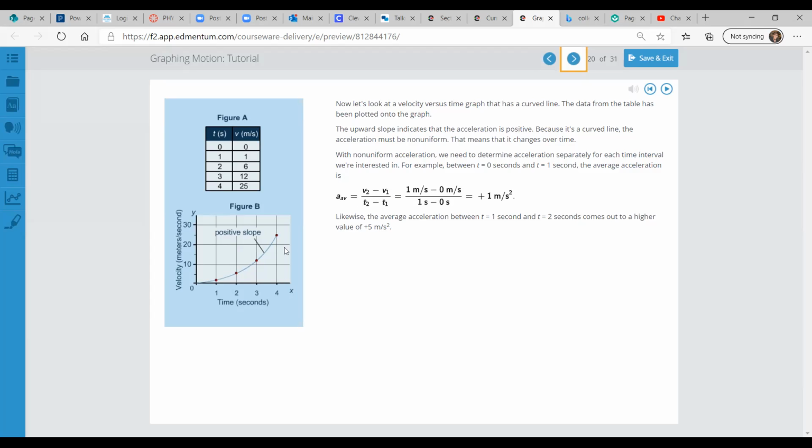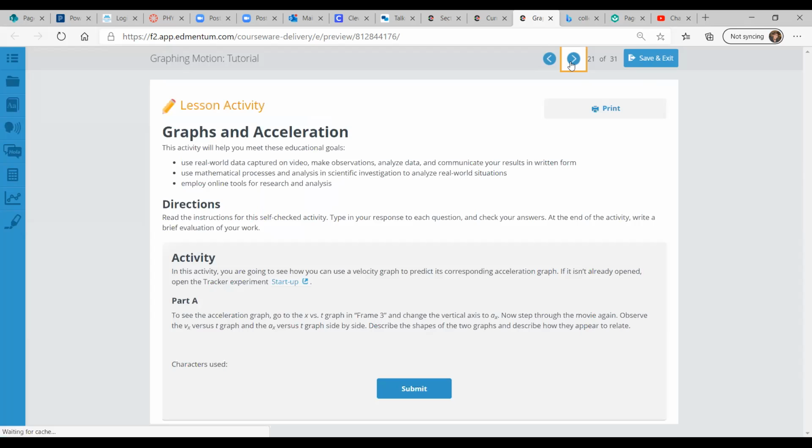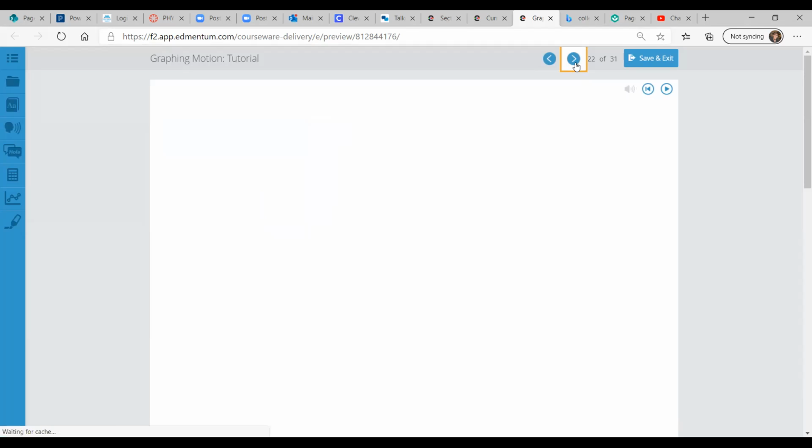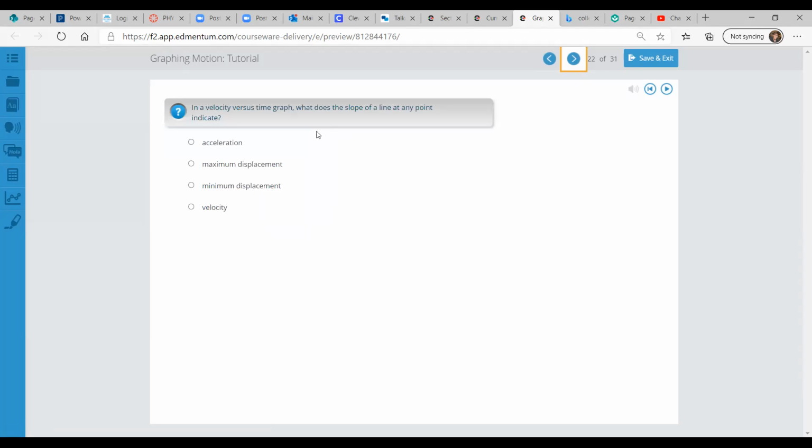Plug in any 2 points. And in this one, we get positive 1 meters per second between time 0 and time 1 second. You have another activity here that you can do. In a velocity versus time graph, what does the slope at any one point indicate? It indicates acceleration.